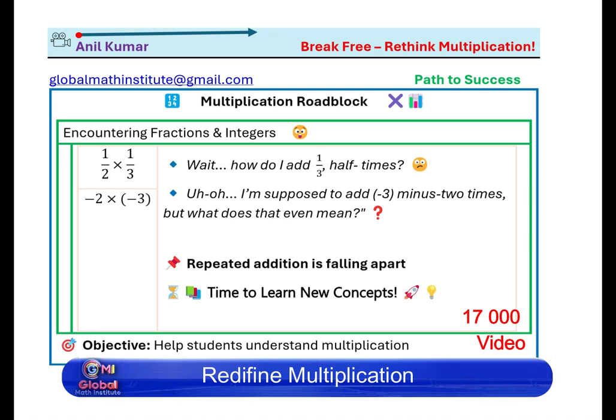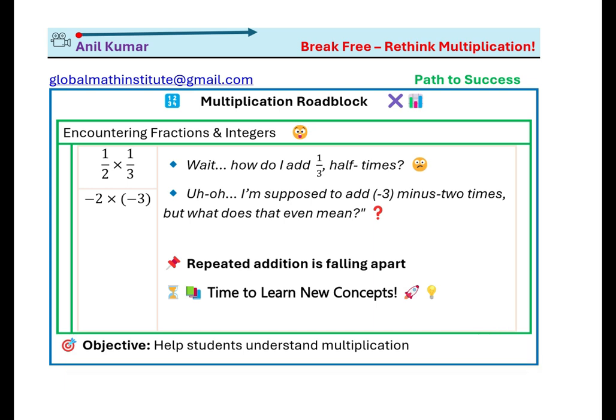Because with repeated addition, we cannot really understand how to do one third and half times repetition or with negative numbers. Well, one thing is very clear at this stage, and that is it is time to learn new concepts. I hope you agree with me, right? So, what better? Let's learn a strategy that really works.